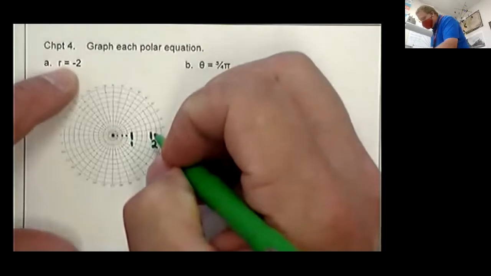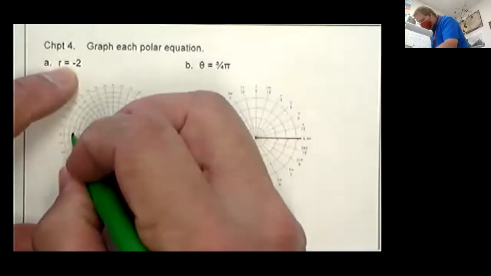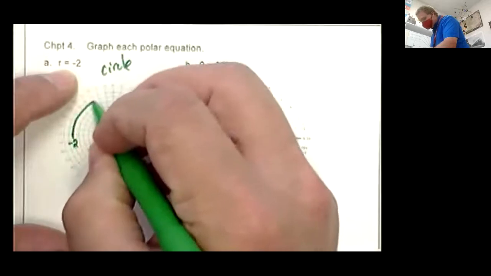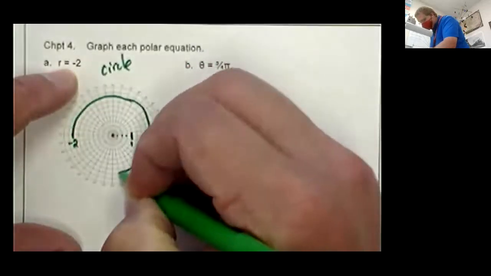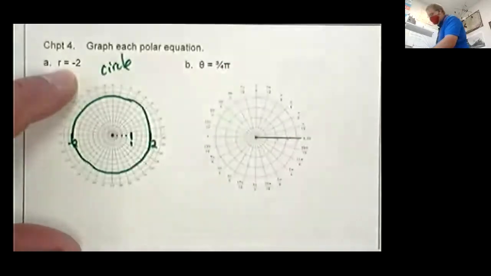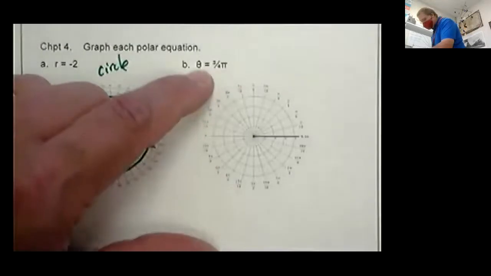We want everywhere the radius is -2. Actually, -2 would have been over here on the other side. Doesn't matter. This is our circle equation. We want everywhere where the radius is going to be 2, which includes the positive radius, and so there's our circle. Letter B, where theta is 3 pi fourths.